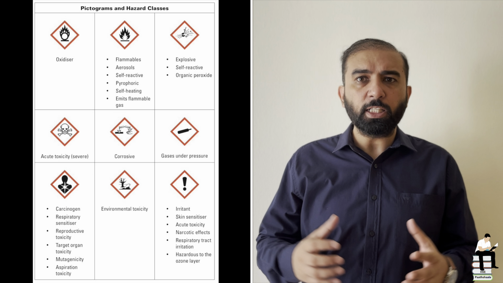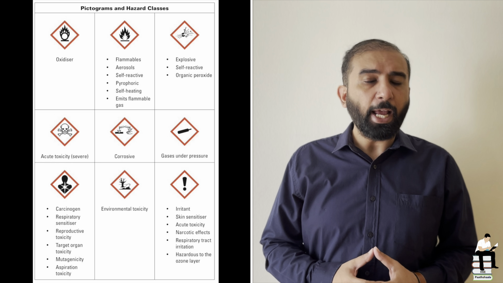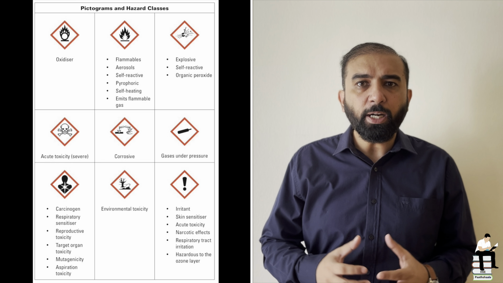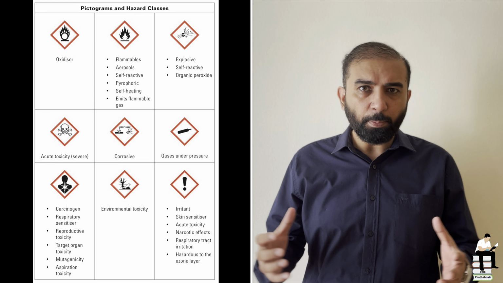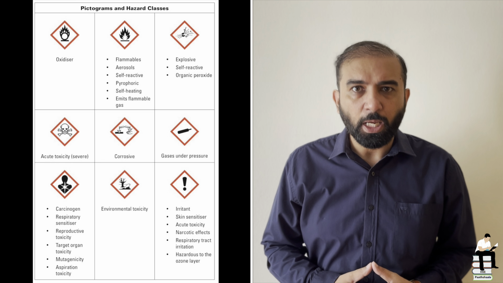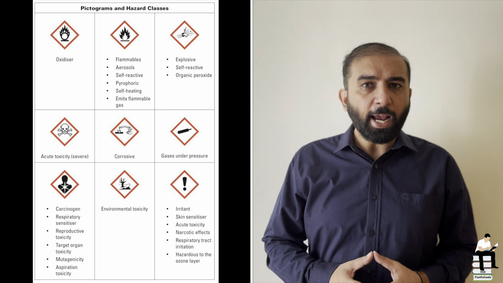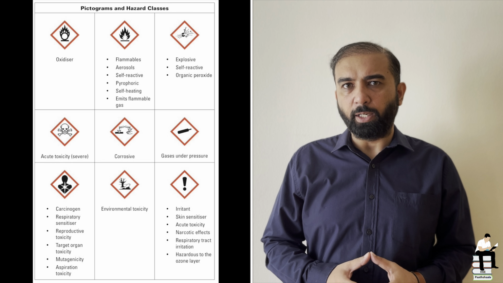Every chemical which is defined as hazardous as per the definition of GHS should be represented by its respective hazard class. There are 9 hazard classifications as per GHS. They are represented by different pictograms. So it means there are 9 different pictograms based on the physical properties, health hazards and the environmental impact.